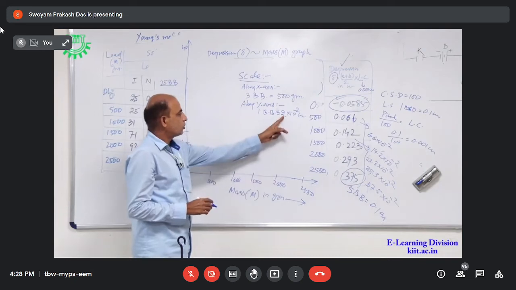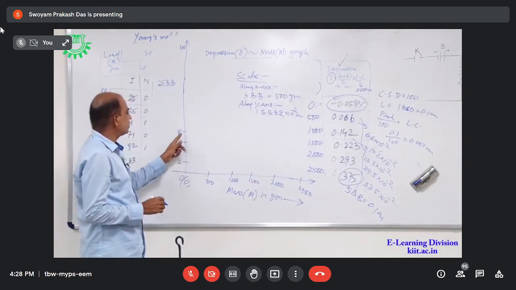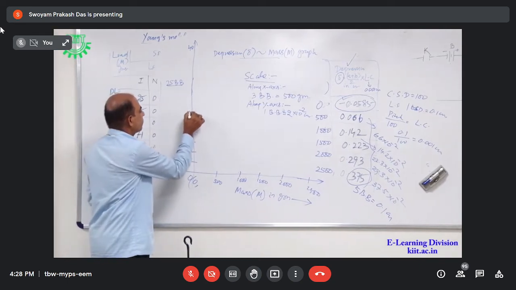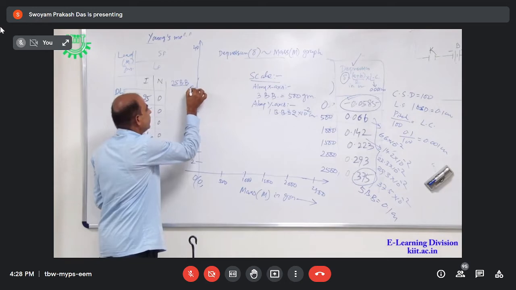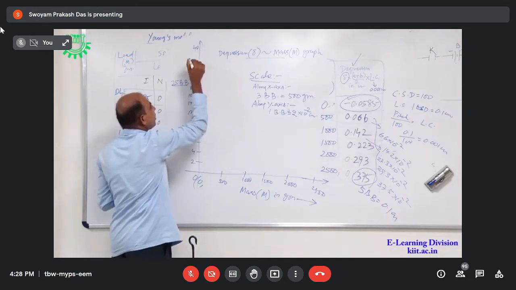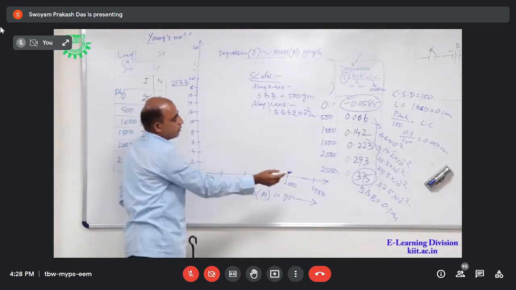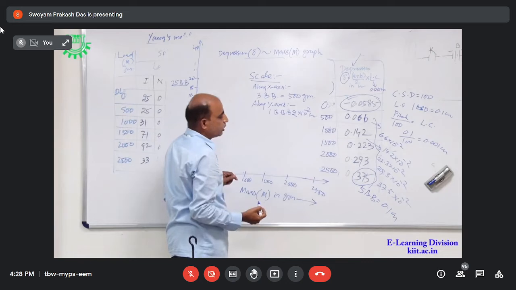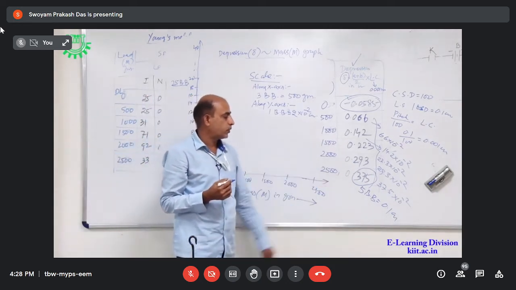So one big box is 2, then 2, 4, 6, 8, 10, 12, 14, 16, 18, 20. In this way it will go up to 40, because 37.5 is the maximum value.